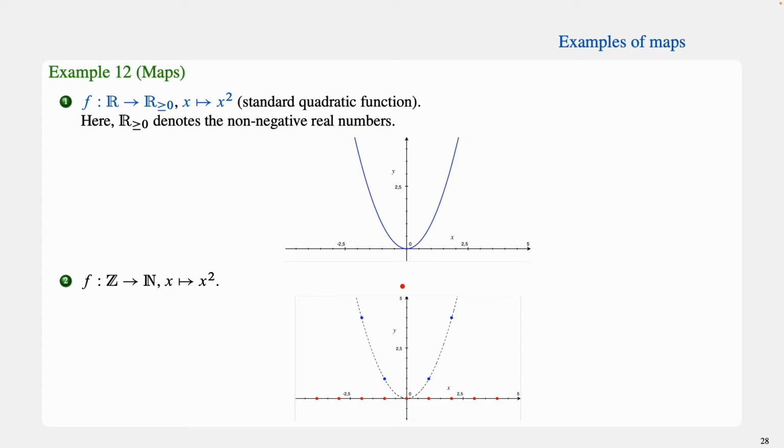And we can form something similar, but instead of real numbers we input integers, and our output numbers will be in the natural numbers. But we use the same prescription for our map. So again we map x to x squared, but now for input we only use the integers, so the red dots indicated here on the real number line. And here the blue dots are the function values that are assumed for these particular integers.